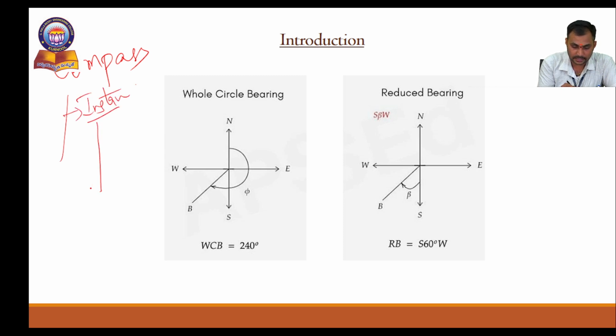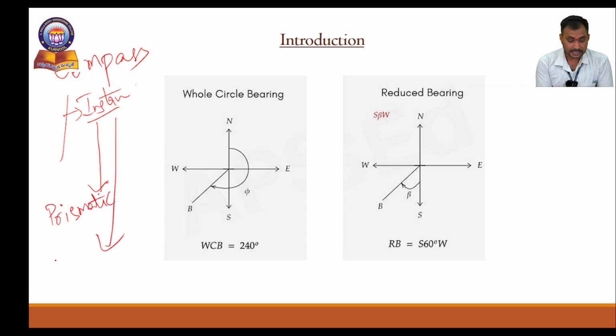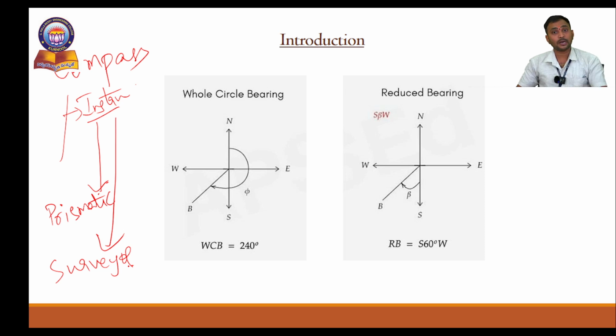One is the prismatic compass, and another is the surveyor compass. If you are calculating the entire area of your land, you can use the prismatic compass or the surveyor compass.